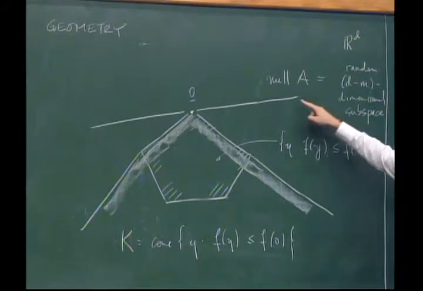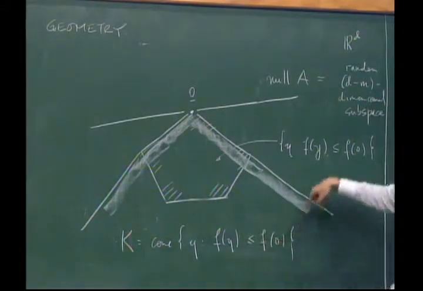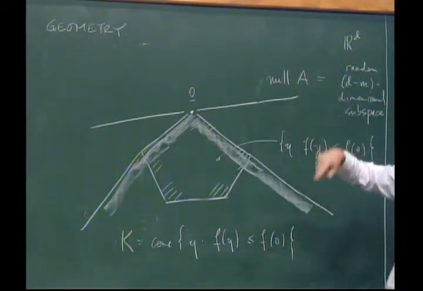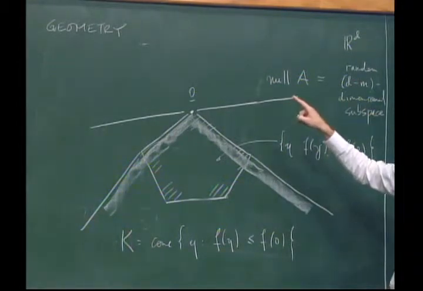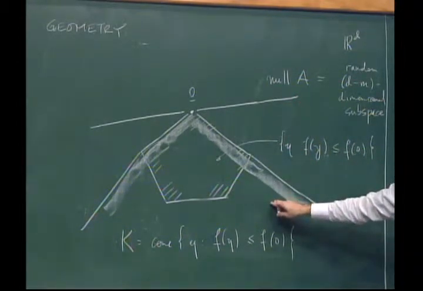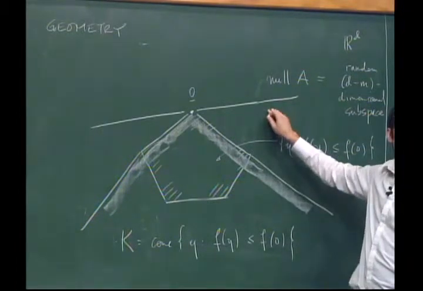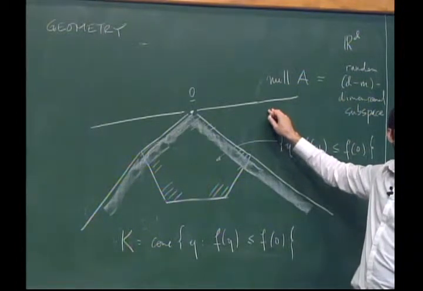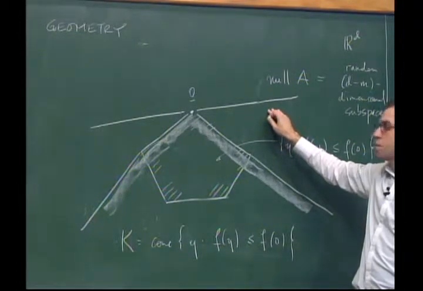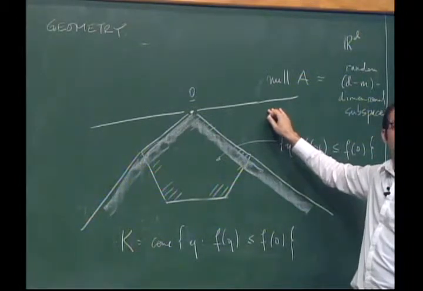So what you should think about here is that this flat is spinning around randomly in space. Sometimes it'll intersect this cone, sometimes it won't. And it is our goal to determine the probability, the measure of the set of subspaces inside the Stiefel manifold for which this intersection is trivial.